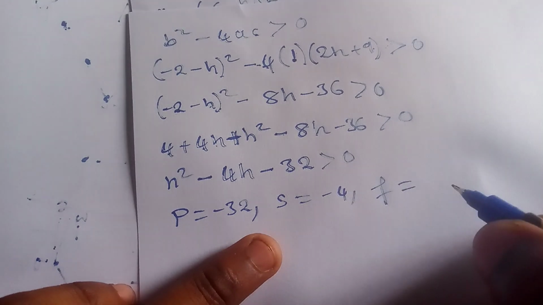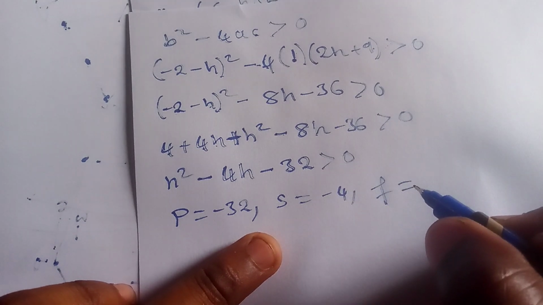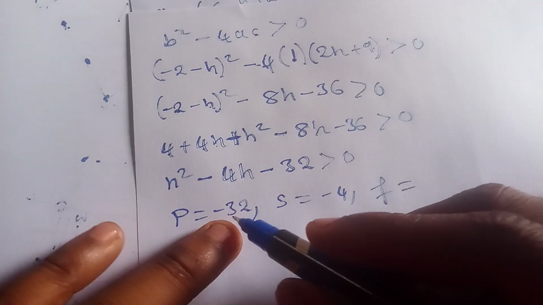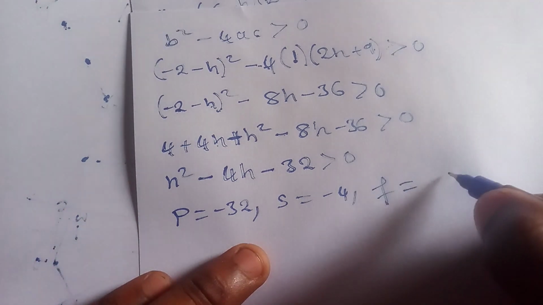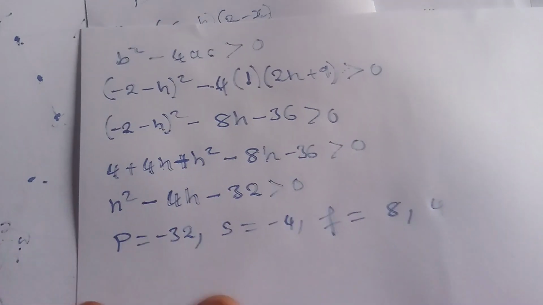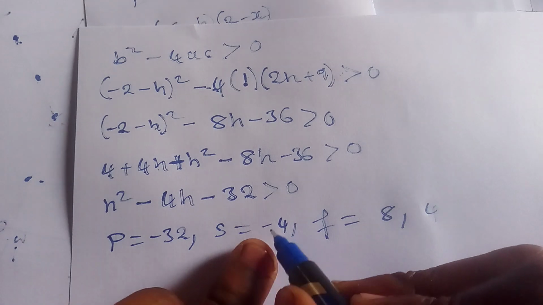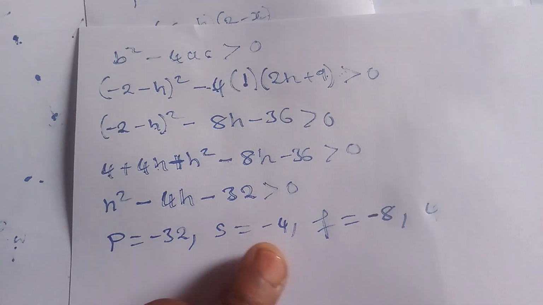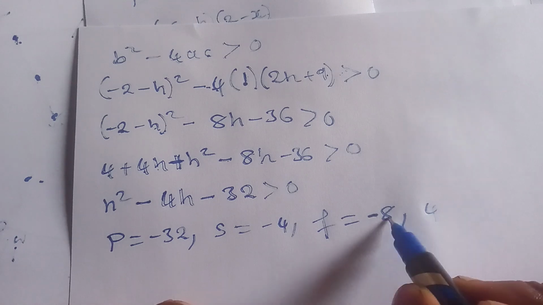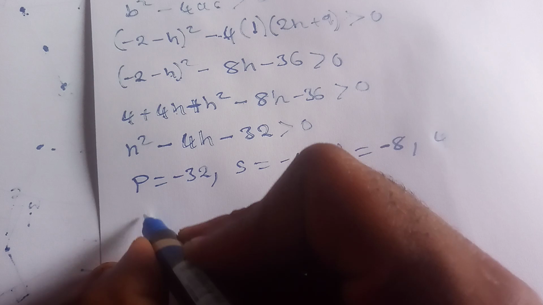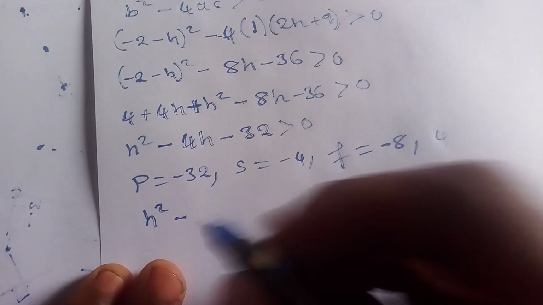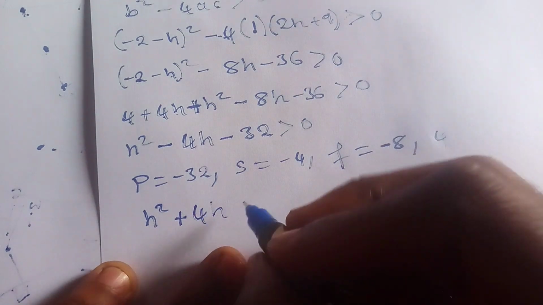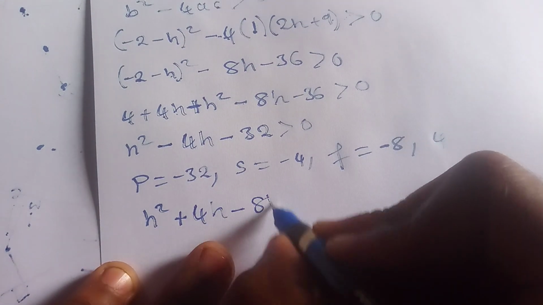So the factors should be, so 32, we have 4 times 8. Yeah, that should be 8 and 4. But because the sum is negative, this one must be negated, so that this times this is that, and this plus this is that. So we have h squared minus, we'll start with 4h, and then minus 8h.